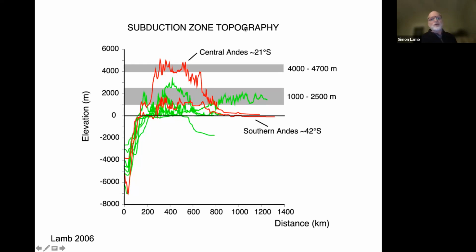And you can see the central Andes is a complete outlier. In terms of topography, it just dwarfs all other subduction zones. So what this is telling you is that most subduction zones are rather like the southern Andes. The southern Andes is one of these profiles, I can't think which one.